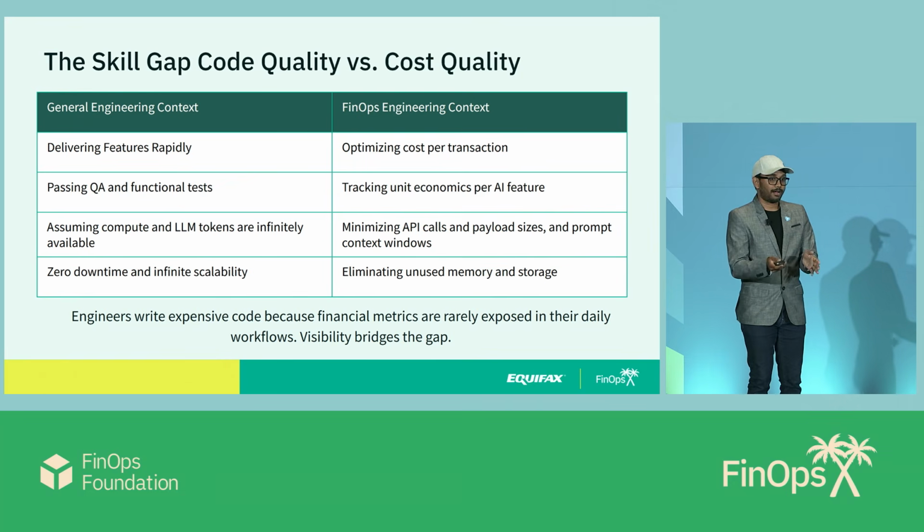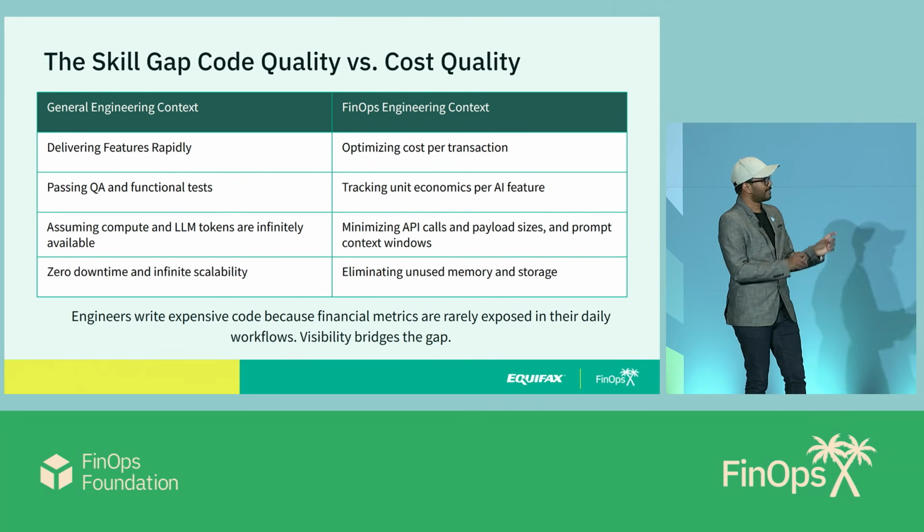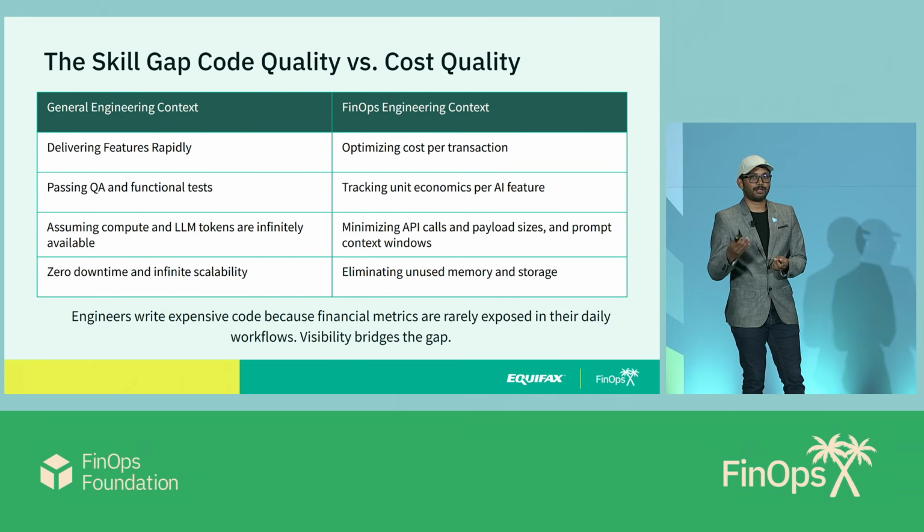With that, a general engineering context and a FinOps engineering context, and skill gap versus cost quality, are a few topics on a high level every engineer should concentrate on. It's not only about delivering features rapidly, it's also about optimizing the cost per transaction, at the Jira level as well.